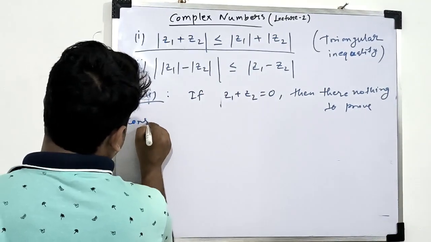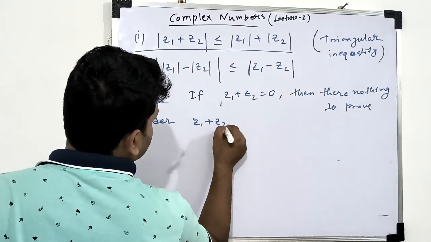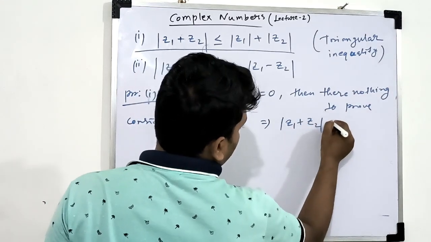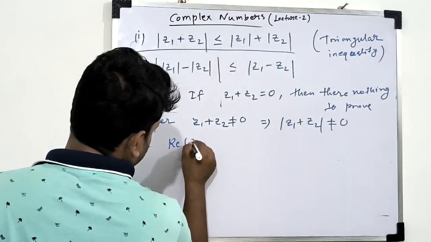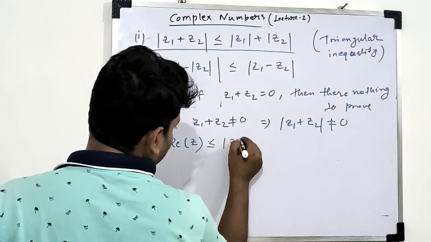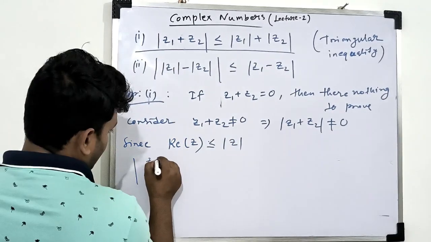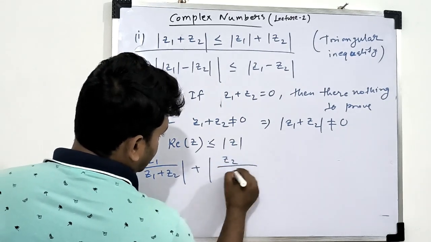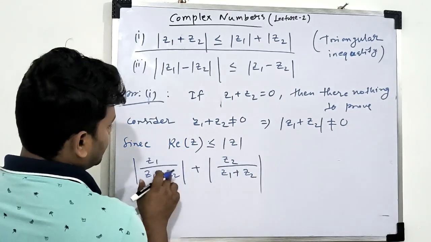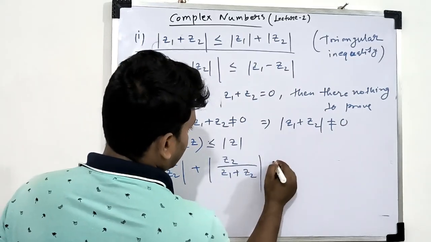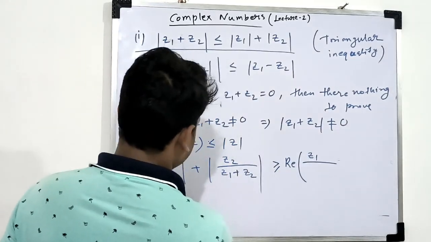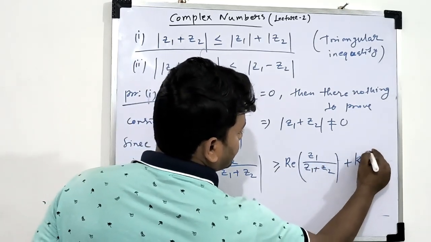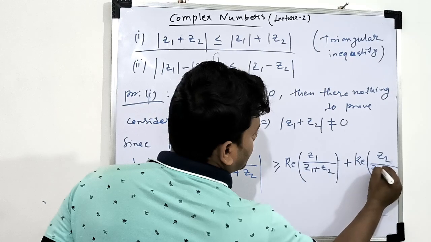Now we consider when z1 plus z2 is not equal to 0, so modulus of z1 plus z2 is not equal to 0. Since real z is less than or equal to mod z, we can write modulus z1 by z1 plus z2 plus modulus z2 by z1 plus z2. For z1, z2 belonging to C, this is greater than or equal to the real part of z1 over z1 plus z2, and also the real part of z2 over z1 plus z2.